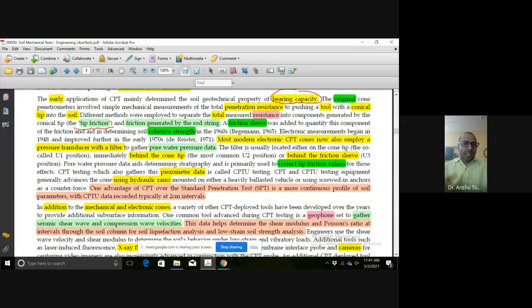From the 1960s to the start of the new millennium, attachments have continued to be added to this instrument. In the 1970s, further electronic instruments were attached. Now the most modern CPT can also find out pore water pressure.